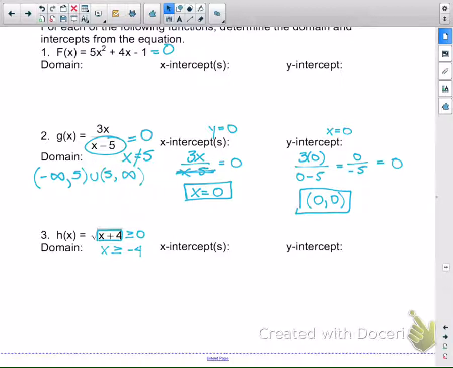If I plug in a number lower than negative 4, it's going to give me a negative number, which is not okay. So essentially, our x's must be greater than or equal to negative 4. How do we write that as a domain? On the low end, we start at what number? Negative 4 with what kind of symbol? Bracket. If it's greater than or equal to negative 4, it means negative 4 and higher, or out to where? Infinity.